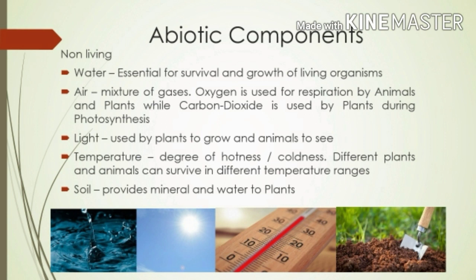You all know this, oxygen is as important as water. And light. Light is also very important to us because without light, plants cannot grow. Without plants, there will be no oxygen in the atmosphere and no food for us to eat. Temperature. There are different temperatures at different places.